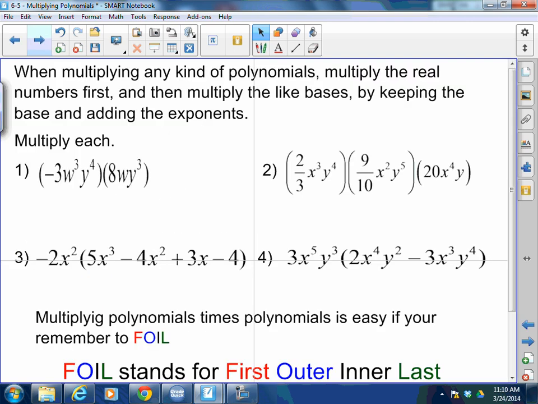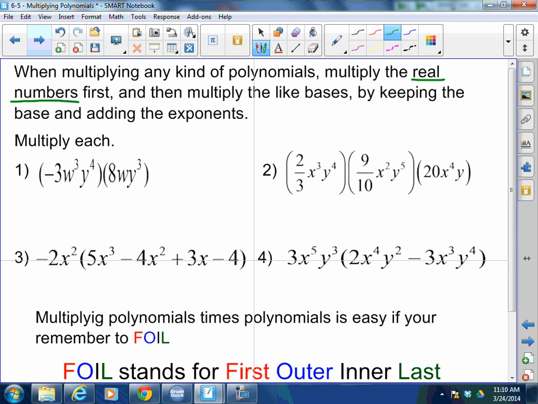When multiplying any kind of polynomials, please remember this. Multiply the real numbers first. Then multiply the bases by keeping the bases and adding the exponents, because that's how you multiply the same bases together.